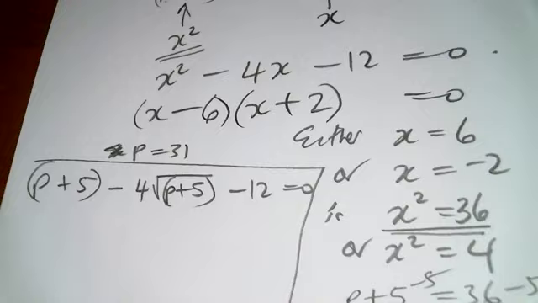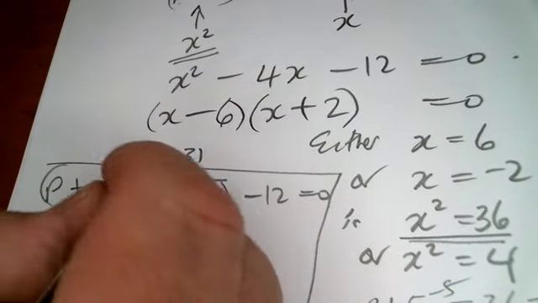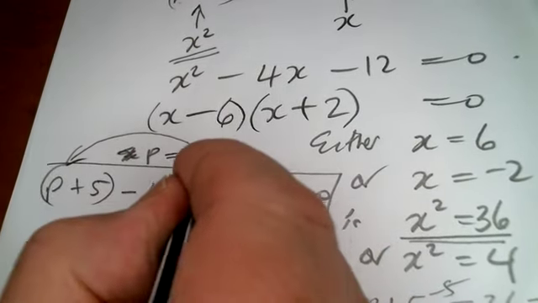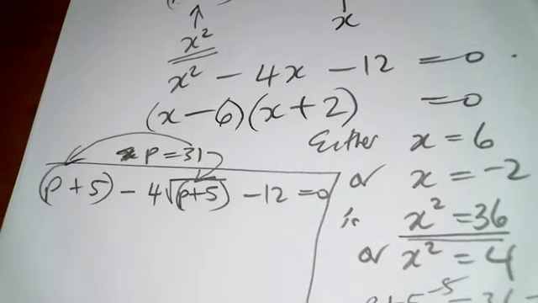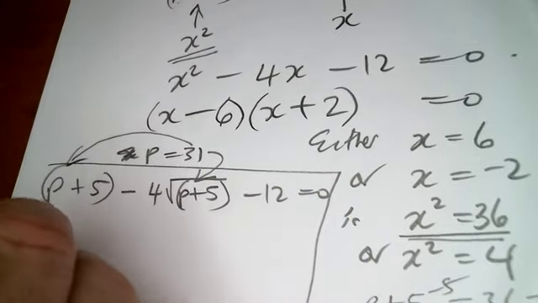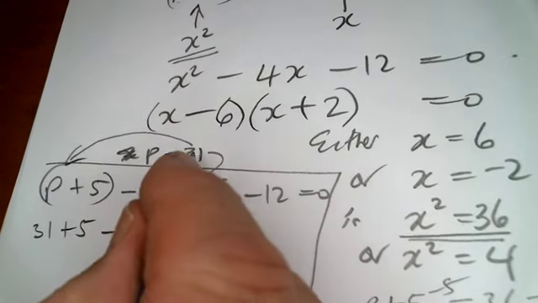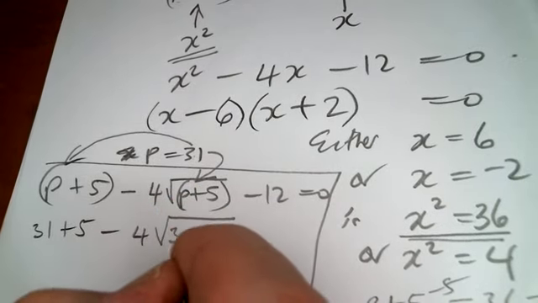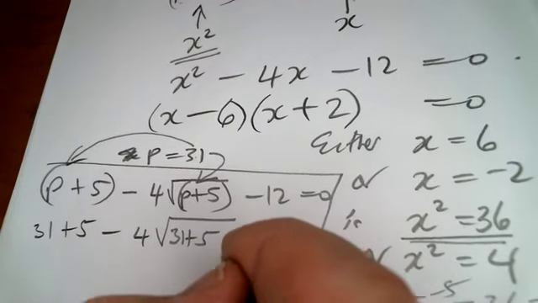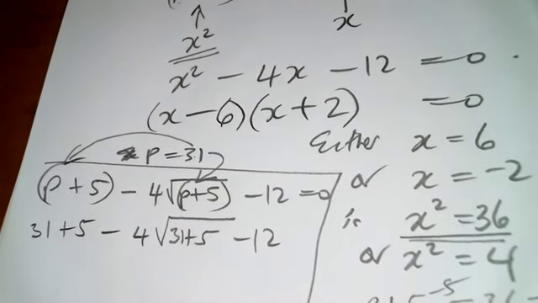All right, so I've got 31. I'm going to put that for p here and for p here. Okay, so I've got 31 plus 5 minus 4 times the root of, well, 31 plus 5 is, of course, 36, and root 36 is 6.